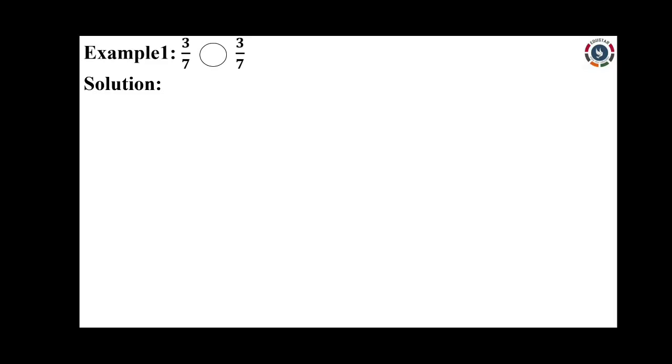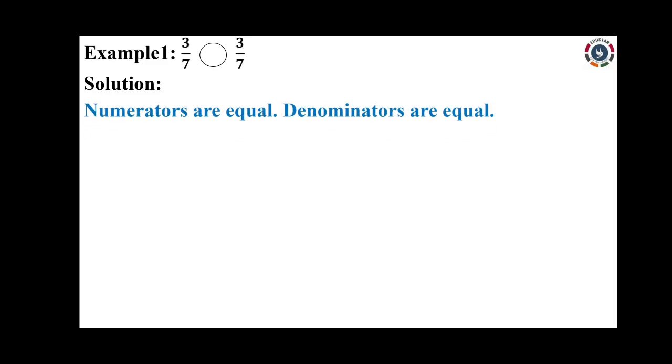Here 3 by 7 and 3 by 7. Both the denominators are equal and numerators are also equal. So the two fractions are equal. 3 by 7 is equal to 3 by 7.